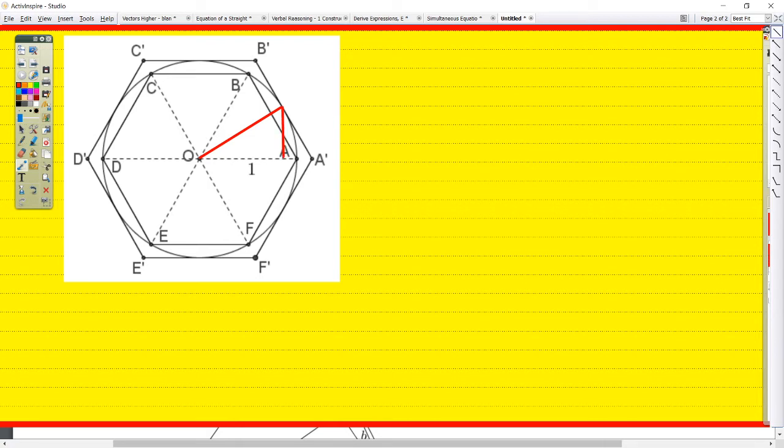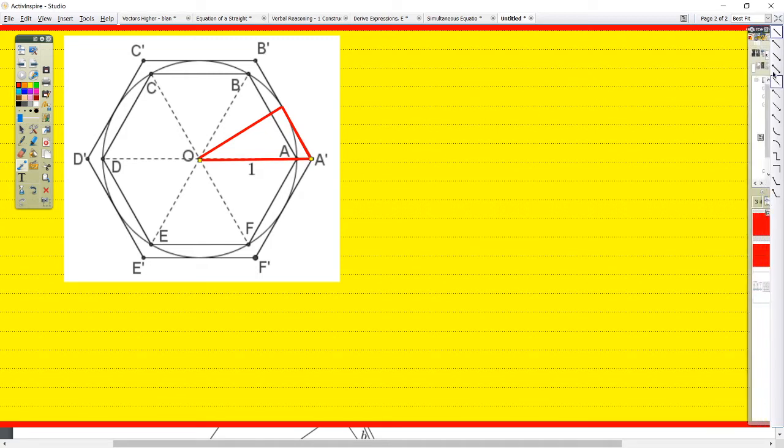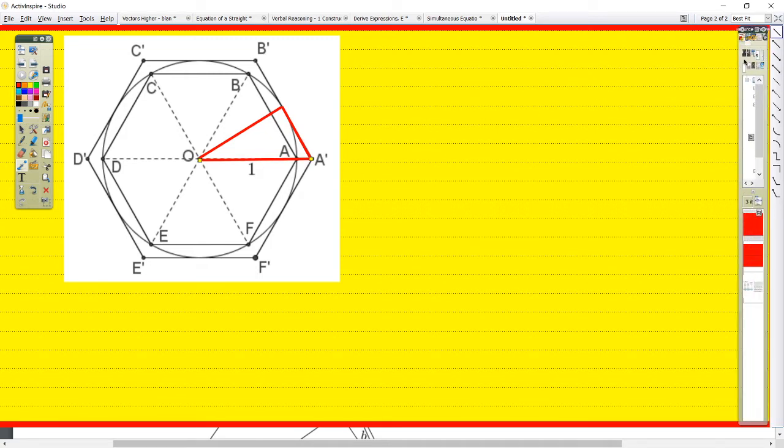And you know that O to the circle is 1. But then you don't know the side, so I don't know how that would be helpful.